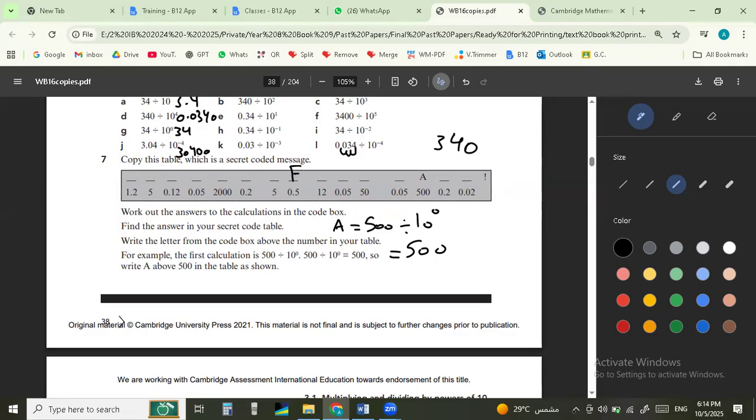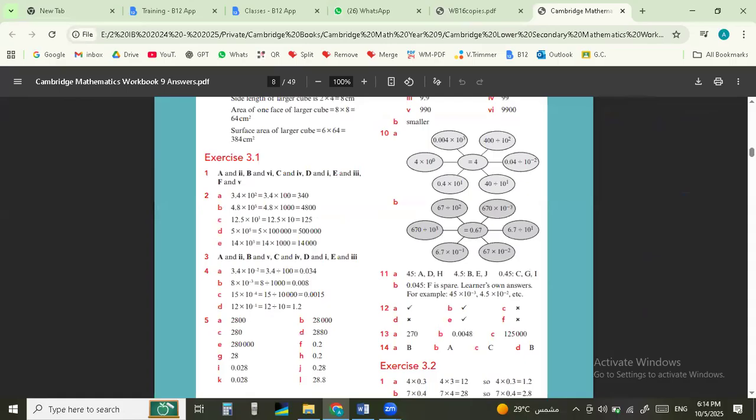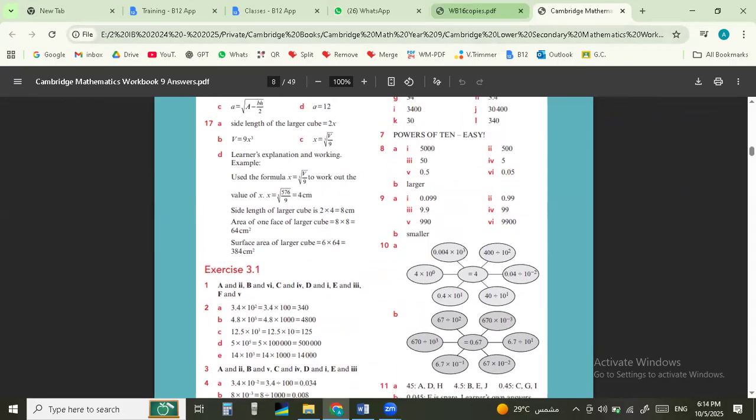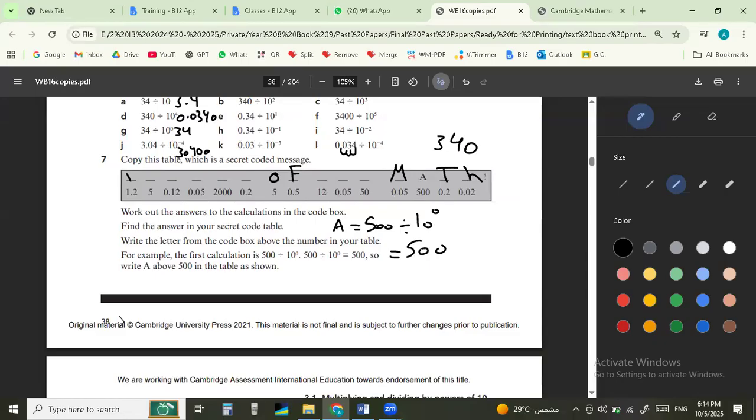What I remembered was the word math. You can find everything in the answer key as well. One second, I'm opening it here. Oh, it's not math.